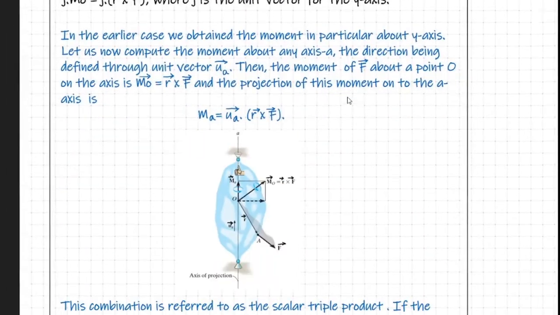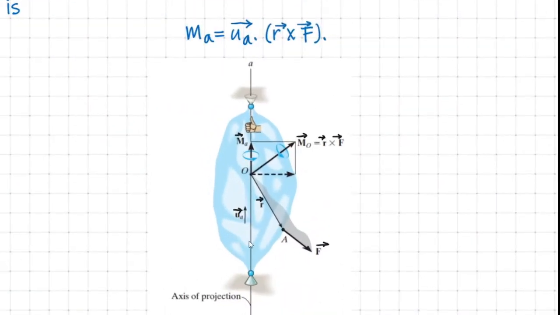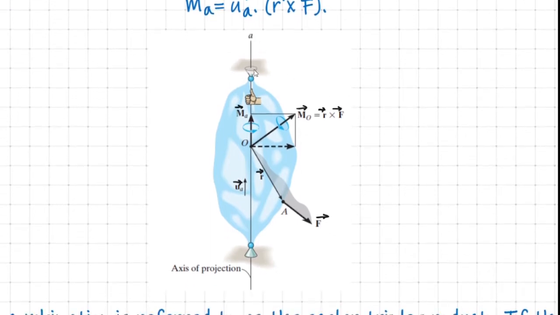This is what is being demonstrated here. Look here, this is a rigid body, and this rigid body is subjected to a vector F. And here is defined an axis A, and the direction of this axis A is denoted by the unit vector UA. Now we would like to calculate the moment produced by vector F about the A axis.